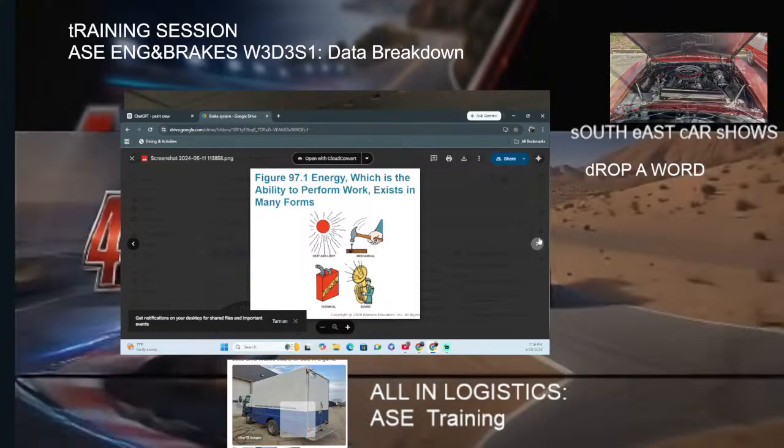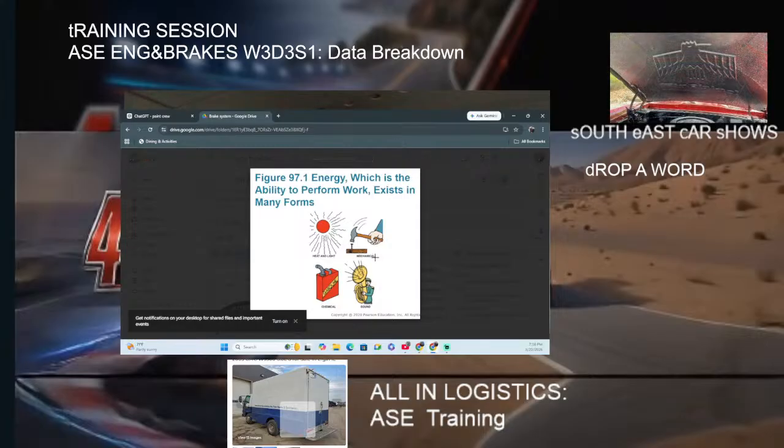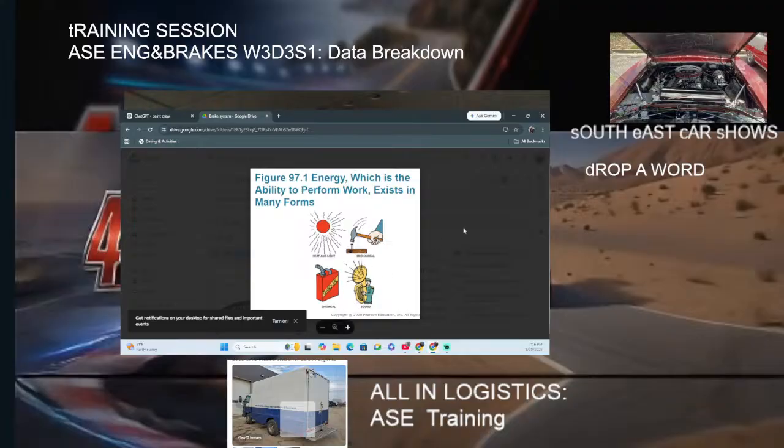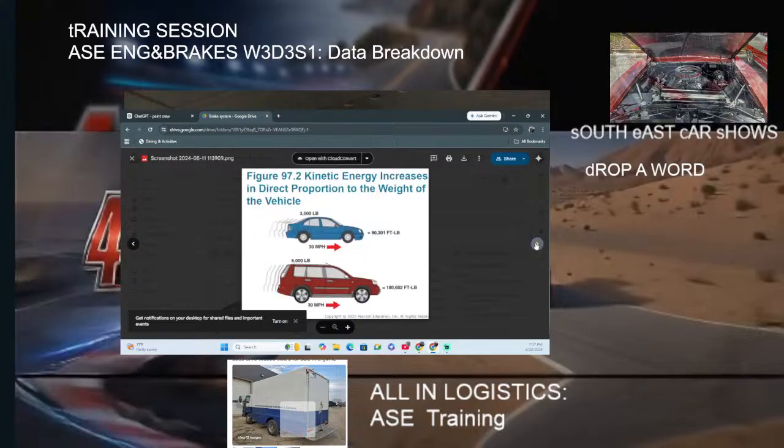Energy, which is the ability to perform work, exists in many forms. We have heat or light, mechanical, like the hammer and the nail, sound, like the orchestra, or chemical, like the gasoline. All right, now 97.2.